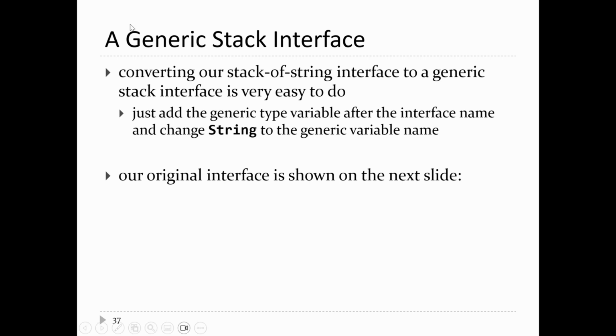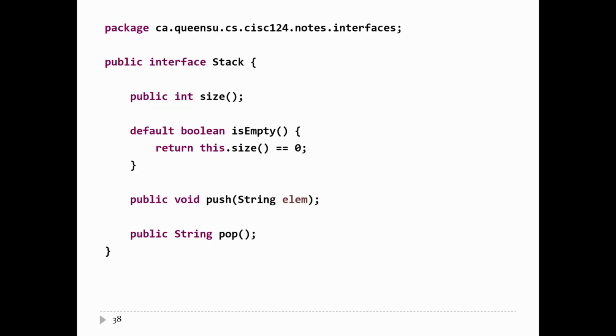Okay, so we have a generic array-based stack. We might as well go ahead and change our interface to a generic interface as well, which is even easier to do than changing the class. So our interface Stack used to look like this: it used to be a stack of string, so push would take a string as its input, pop would return a string.